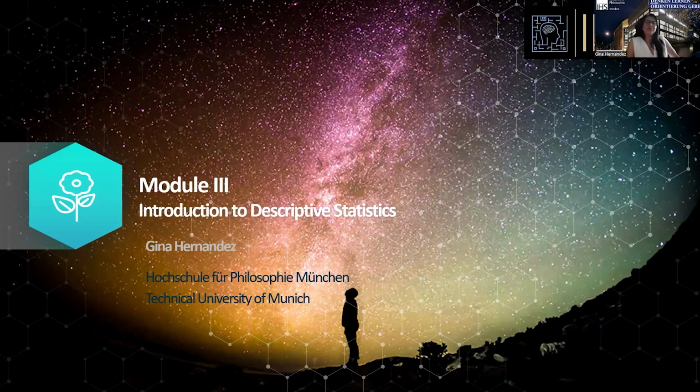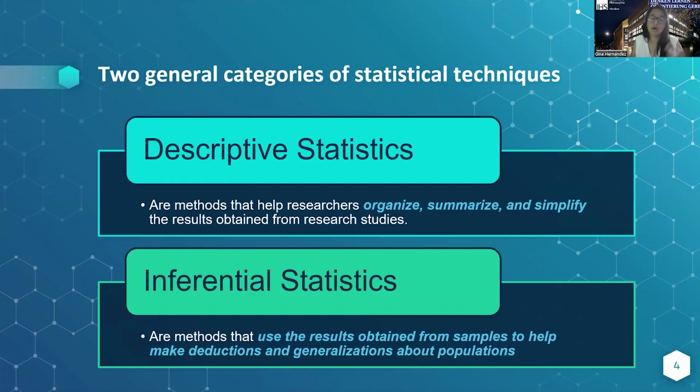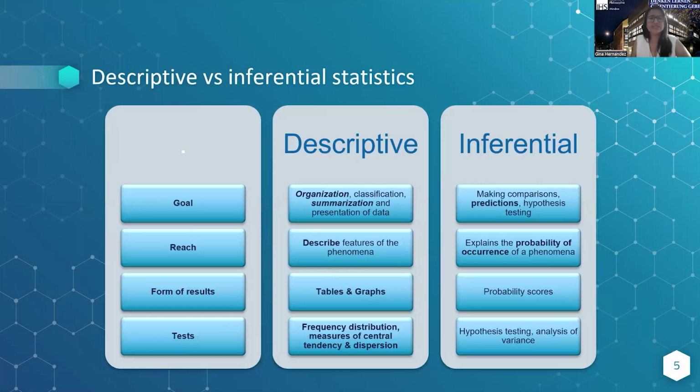So let's continue discussing descriptive statistics. And remember, the goal here is to know what the data we are collecting tells us, so we have a sample of data from our population, right? So how can we make sense of this data when we have quantitative data? As we already discussed, we use these two types of statistics.